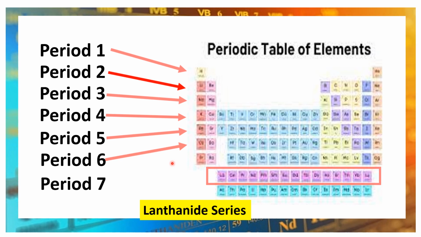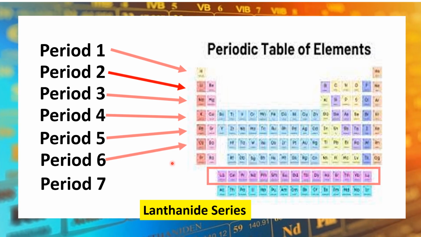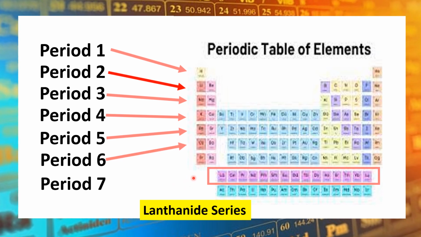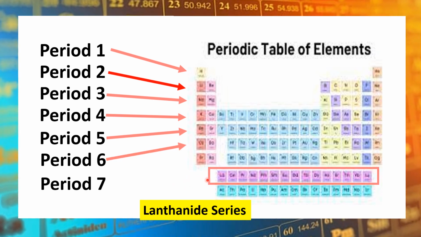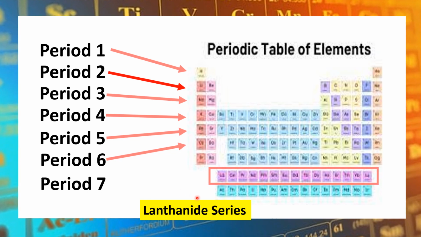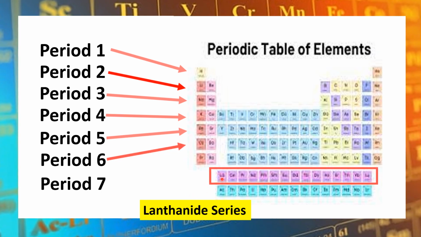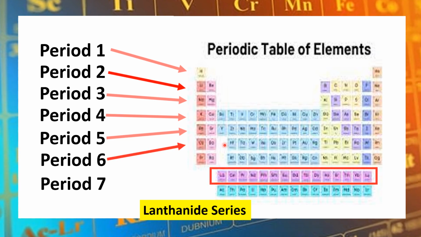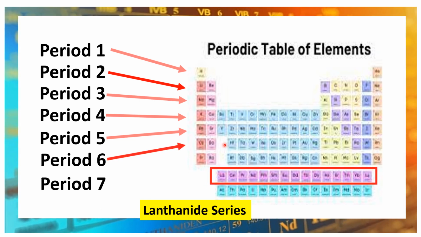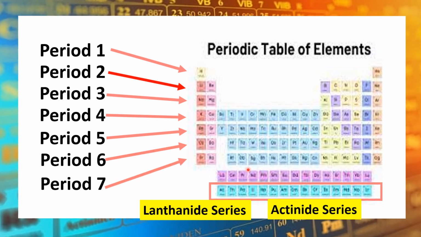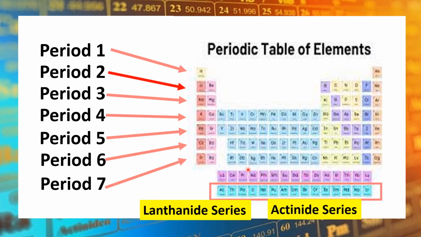Period 6 also includes what we call the lanthanide series. They are supposed to be inserted after the element barium. And lastly, we have period 7, beginning with francium.